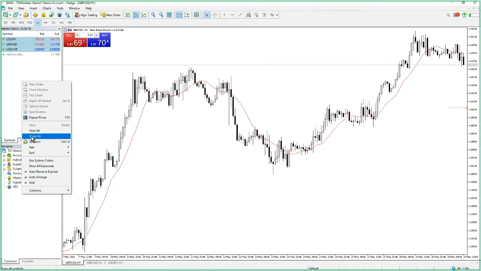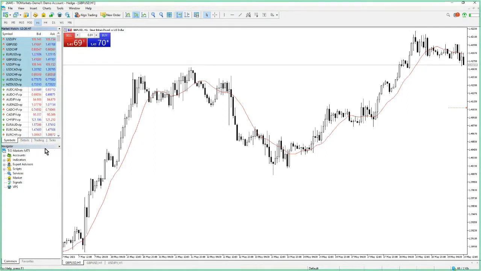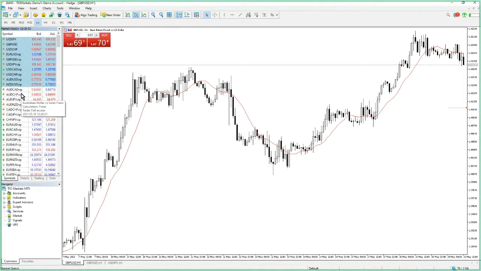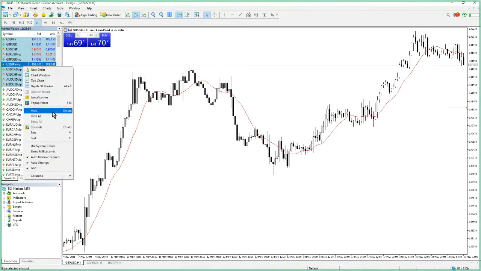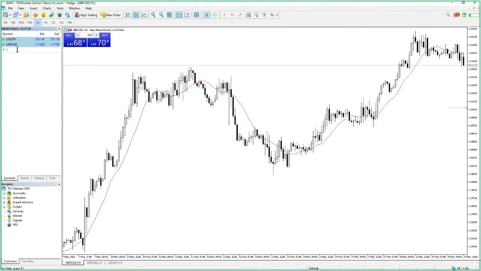And then if you choose Show All, you get all the markets that you can trade. And obviously, you might be trading only some of the markets. Then you want to keep them hidden and add the markets that you are interested in. So there's Euro USD.